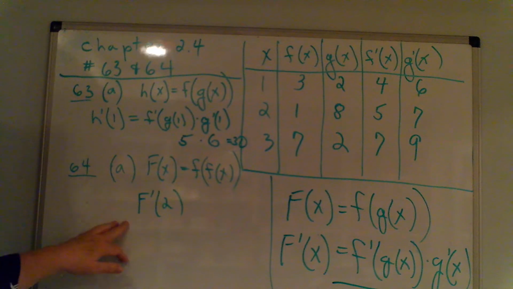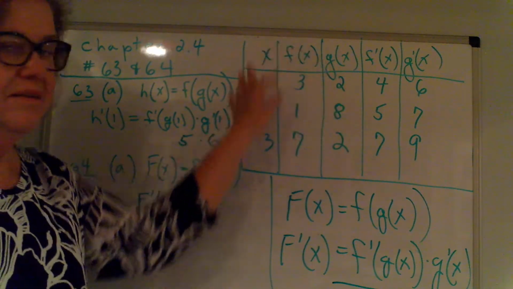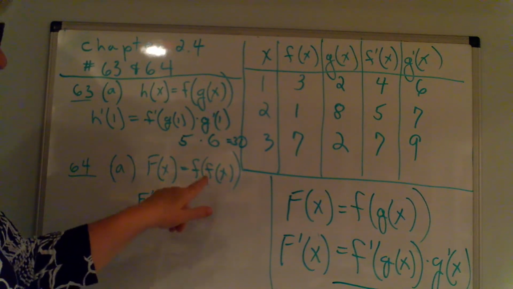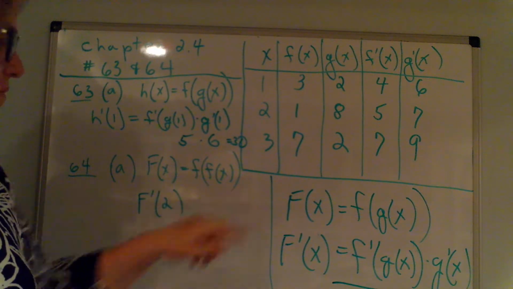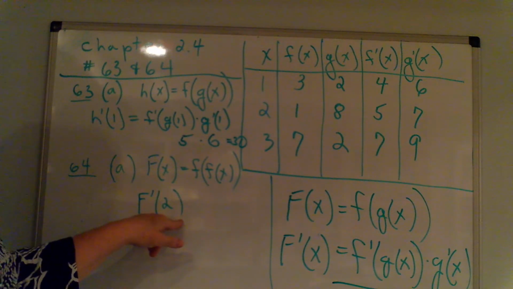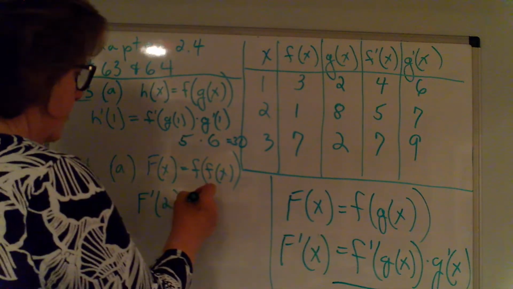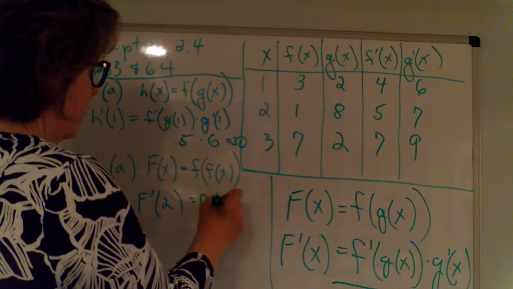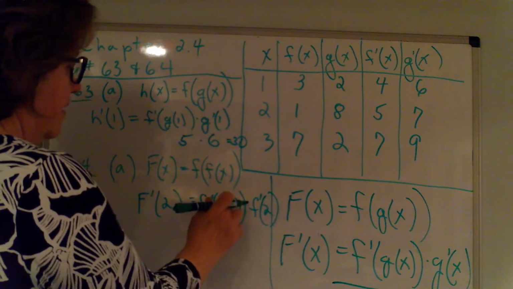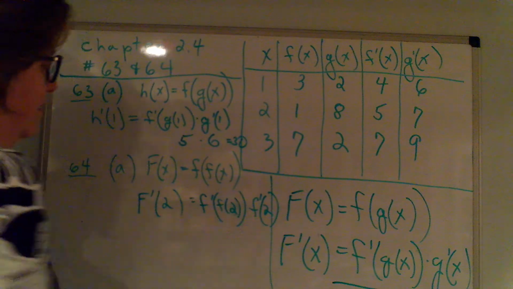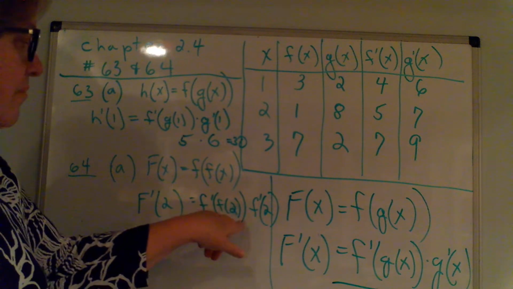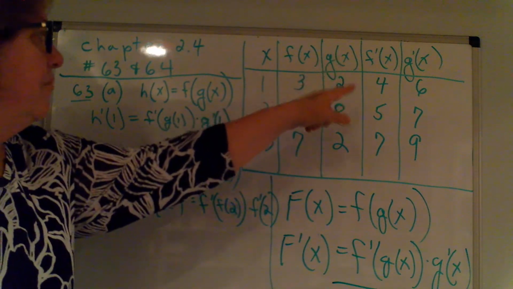I'm going to do 64 part A, which is relating to the same table. So big F of x is little f of little f of x, and we want to get big F prime of 2. According to this formula, it would be f prime of f of 2, because we're interested in what's happening at 2, times f prime of 2. f prime of 2 is 5.